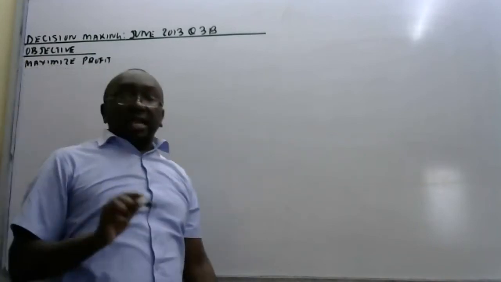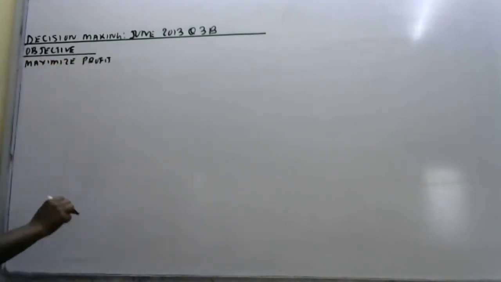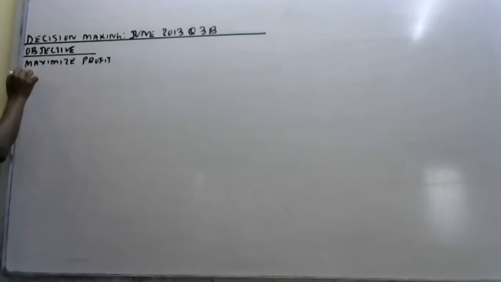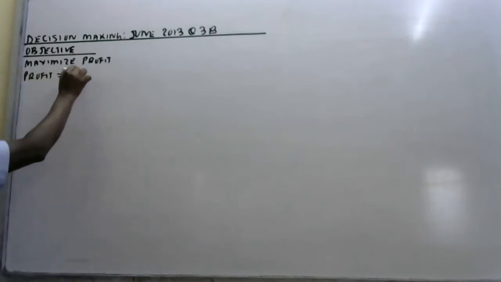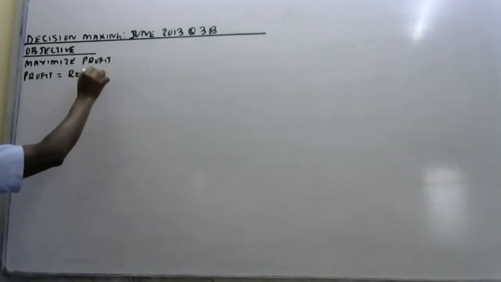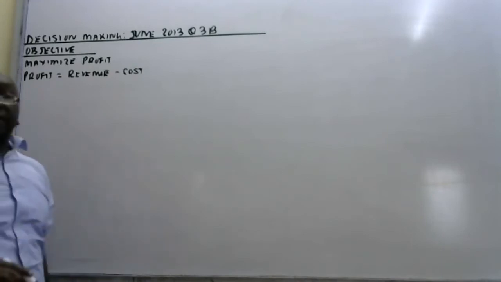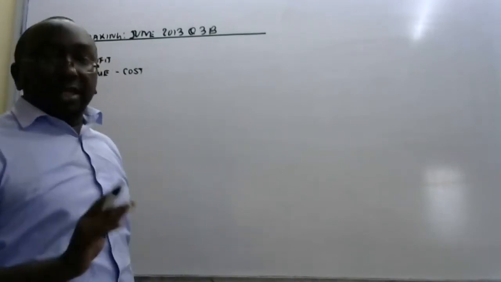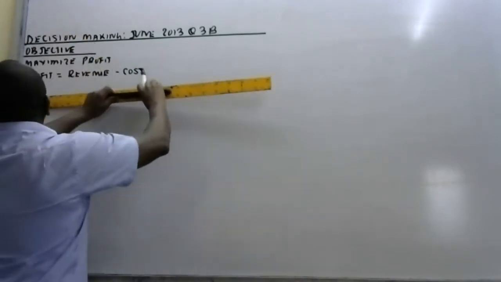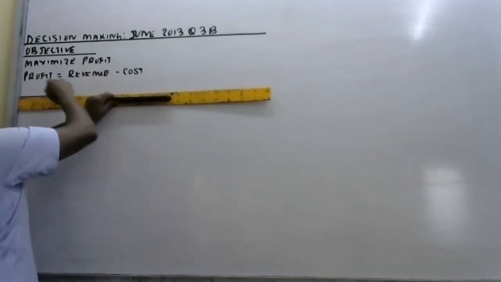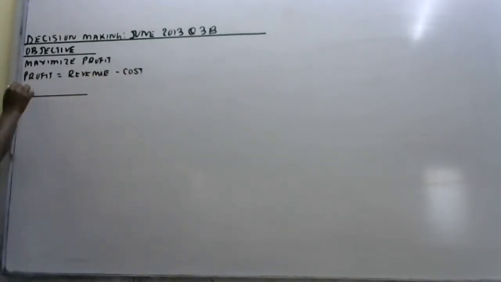And as soon as you write profit, it is important you write how profit is arrived at. Profit is equal to revenue minus cost.